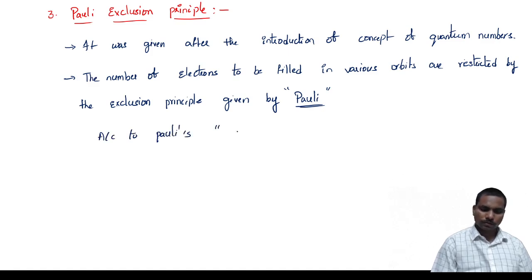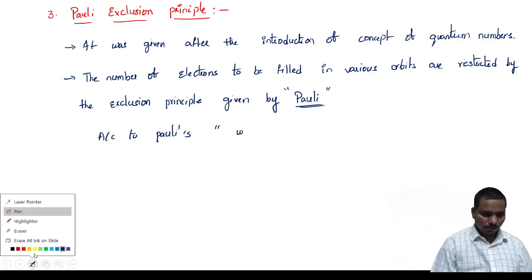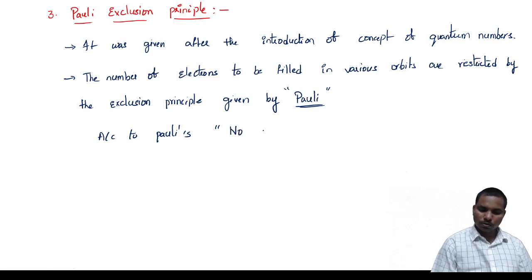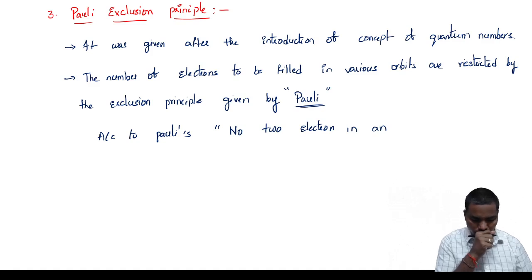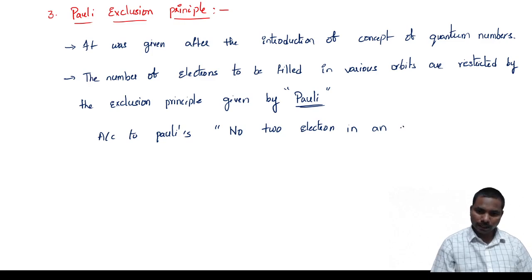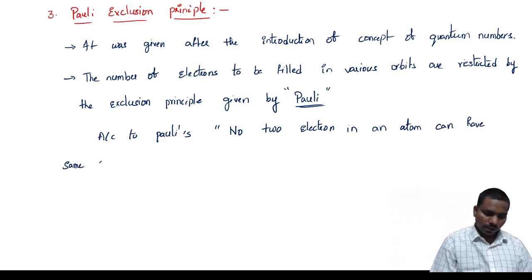Okay, according to Pauli, no two electrons in an atom can have the same set of all the four quantum numbers.